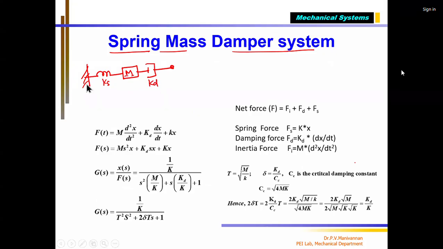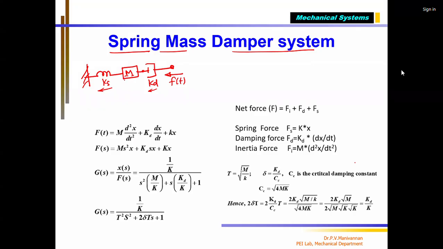This is mass. In this system I can apply a force F of t as input. When I apply input force, the spring will get compressed, and the damper piston will move inside. The length between the damper and these two ends will reduce. So the mass will move along with it.